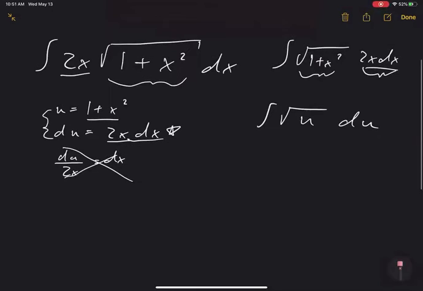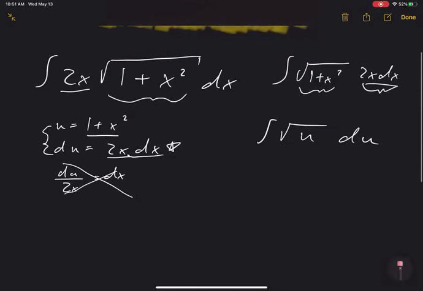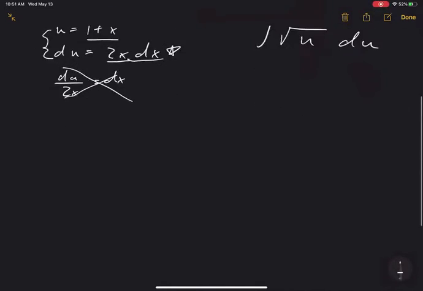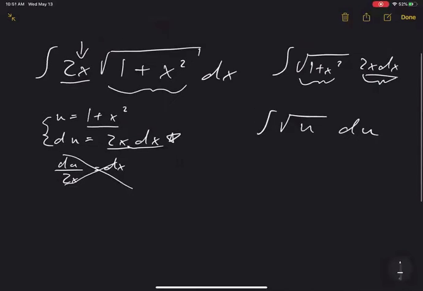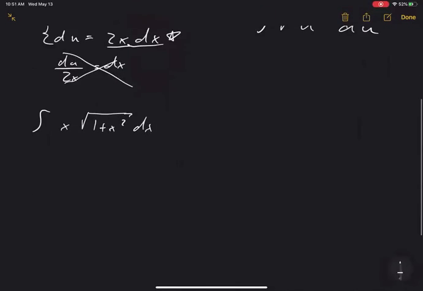All right, but my third step helps when this stuff out front is not perfectly the derivative. So let's say instead of 2x dx, we just had x dx out front. Let's try and solve this through U-substitution. My u would be the same, and then my du equals 2x dx still.